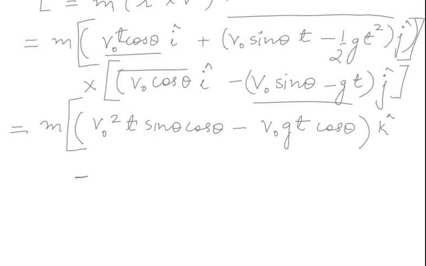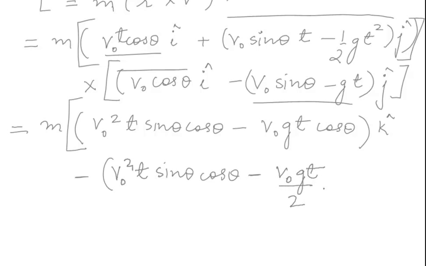So minus of v naught square t sin theta cos theta minus v naught gt by 2 cos theta, k cap.